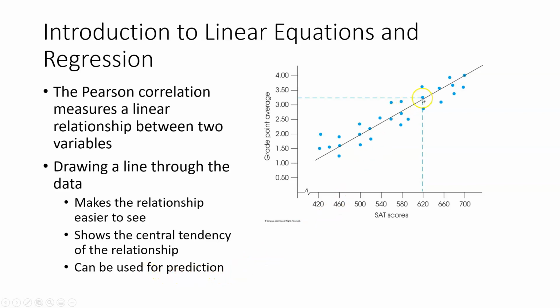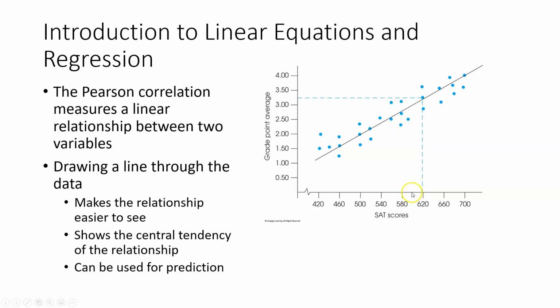Now, we have an individual who got like 619 on their SAT scores and a GPA of like 3.26 during their first year of college. This individual point reflects a person who got that set of SAT and GPA scores. But we don't know what somebody would get on their first year GPA if they had an SAT score of say 600.